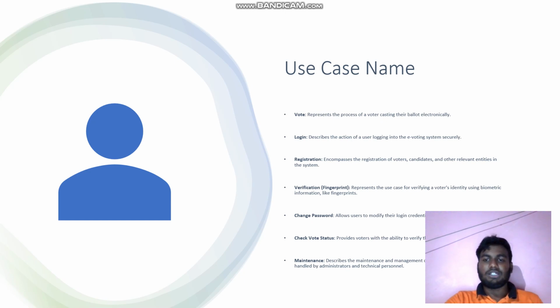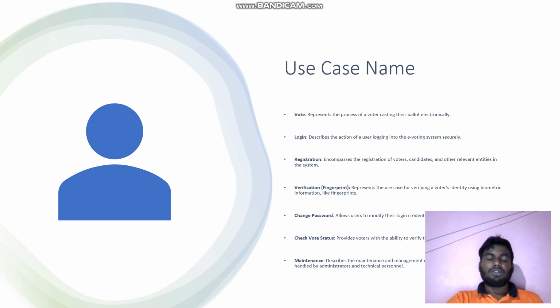Login is where the user logs in to the voting system with a password and username or fingerprint. Registration: the user registers the voter ID card with the fingerprint sensor. Verifying fingerprint represents the use case for verifying the voter's identity using biometric information, or fingerprint.